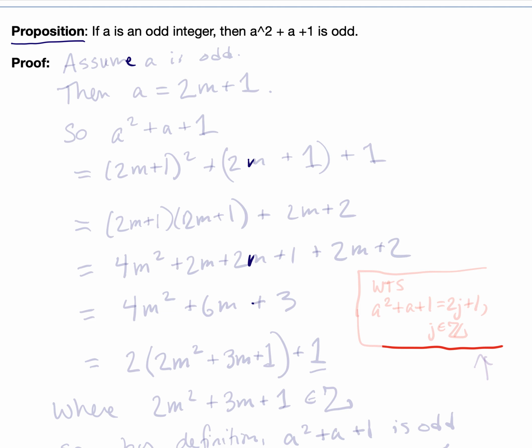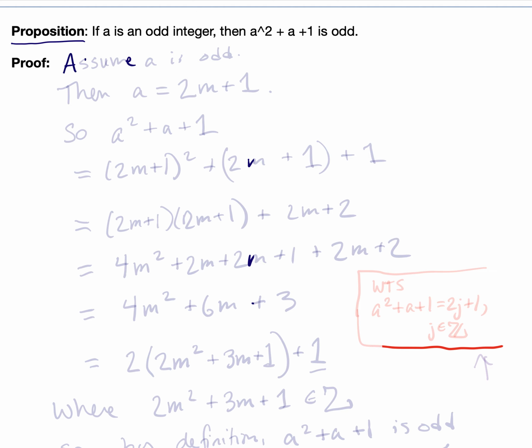A proposition could be a smaller theorem, something that's a little bit less important or less grand. So this might be a good example of a proposition. So we want to show that if a is an odd integer, then a squared plus a plus 1 is odd.